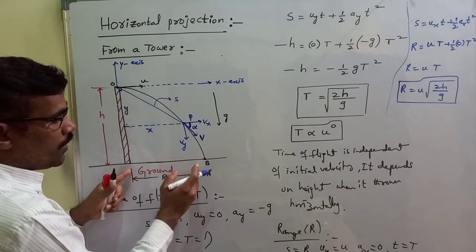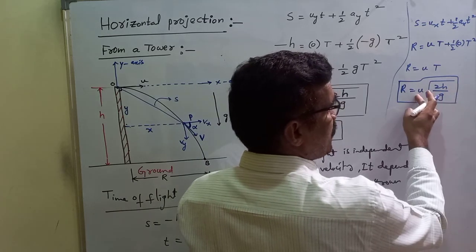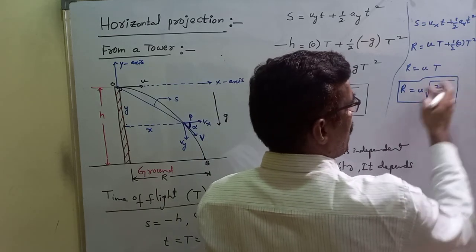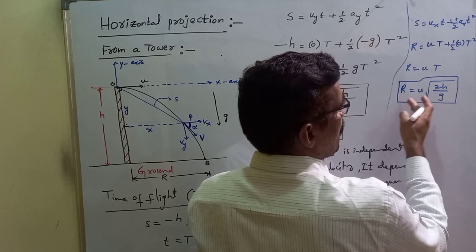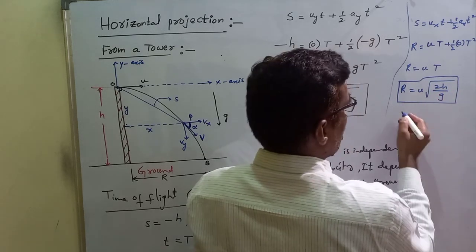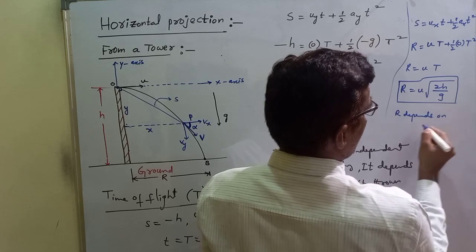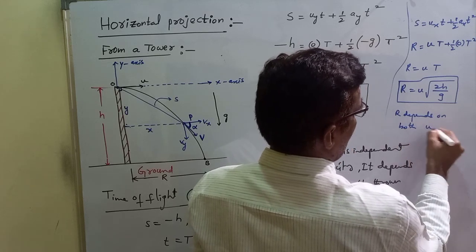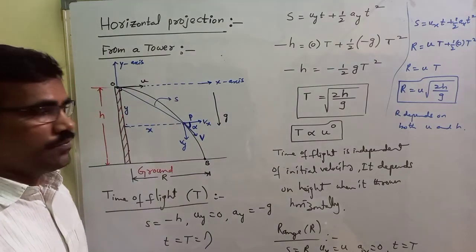The horizontal range is more for the greater velocity. Here the height is the same, the initial velocity is different, so U1 is less than U2 and R1 is less than R2. So R depends on both U as well as H. All of you write it.